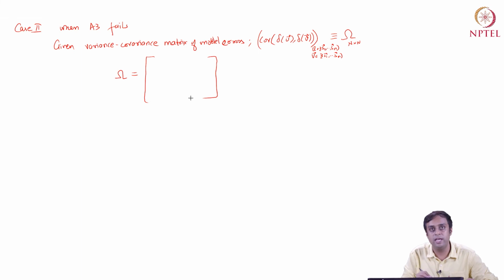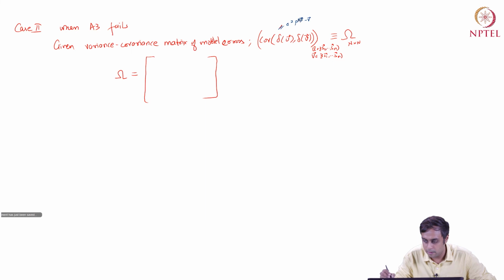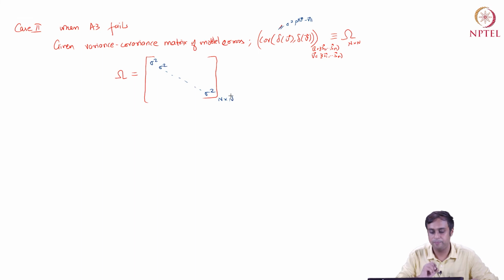When u equals v, we have the covariance given as sigma squared rho to the power of u minus v. So when u equals v, which are the diagonal elements, I have sigma squared all the way to sigma squared.